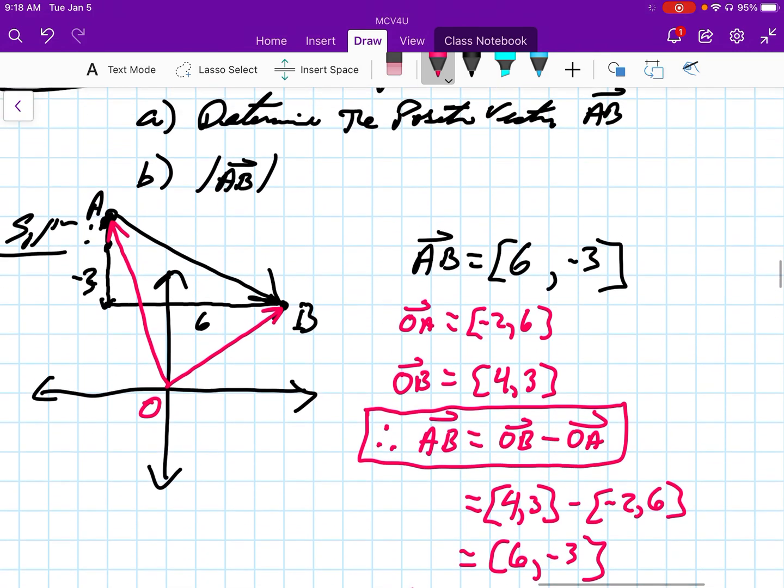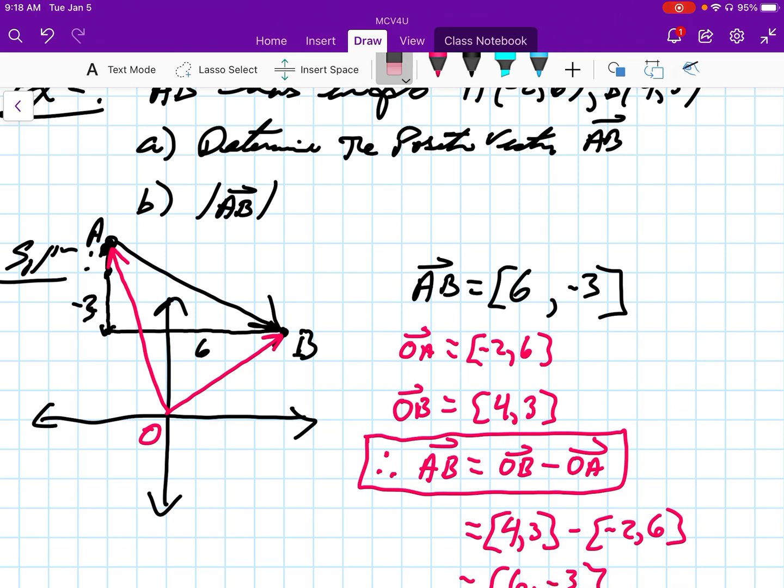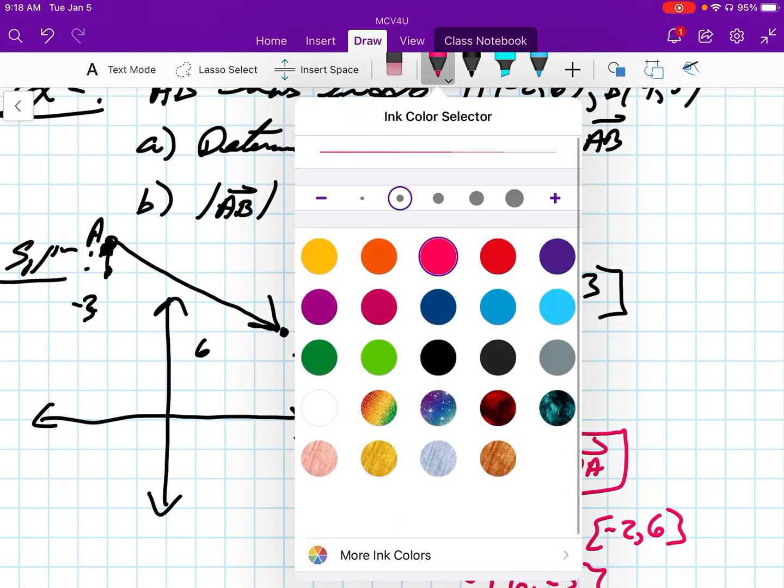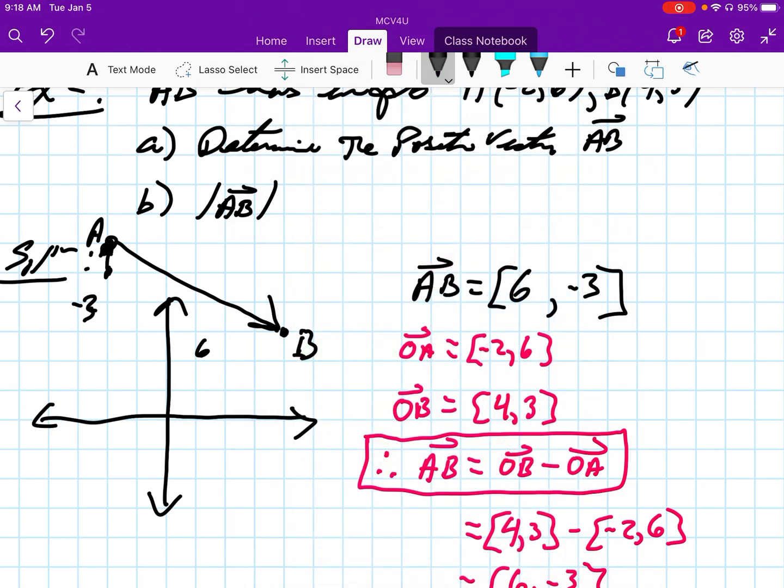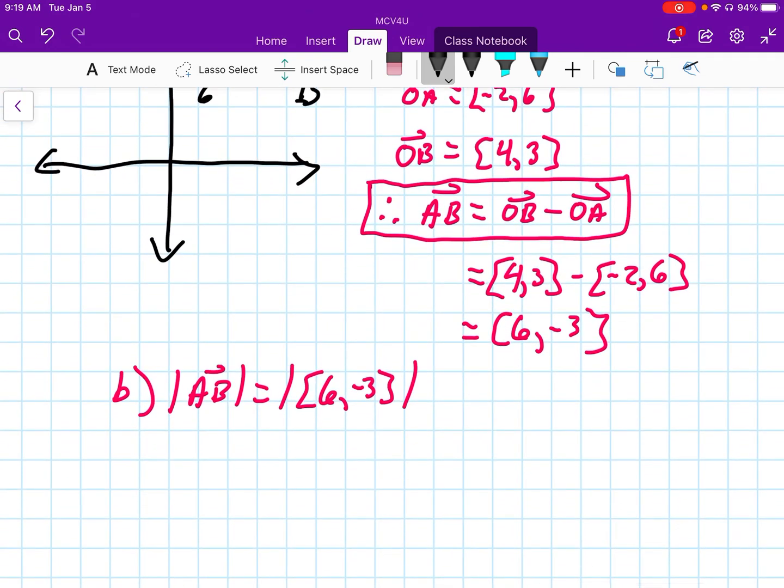If we get rid of these other two position vectors, we already have our clue. We have a right angle triangle. We have 3 units on one leg and 6 units on the other leg. We use the Pythagorean theorem.